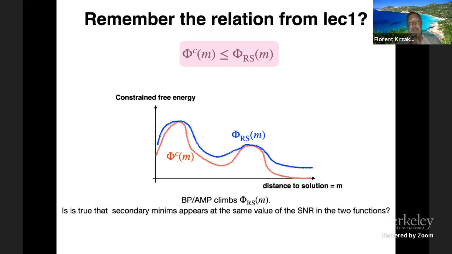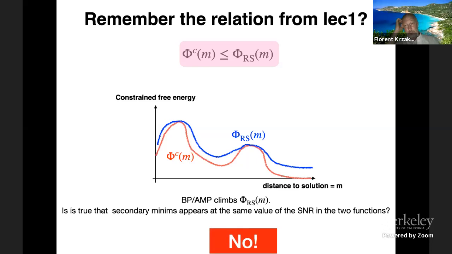All right. So is it true? Is it true that secondary minima appear at the same value of the SNR in the 2 functions? Because these are not the same function. Remember that AMP is not claiming the constrained free energy. AMP and BP are claiming the replica symmetric one. So they stop working when you have this minima or maxima appearing in the replica symmetric function. So maybe this maximum appears at the same time in the replica symmetric function and in the true constrained free energy.